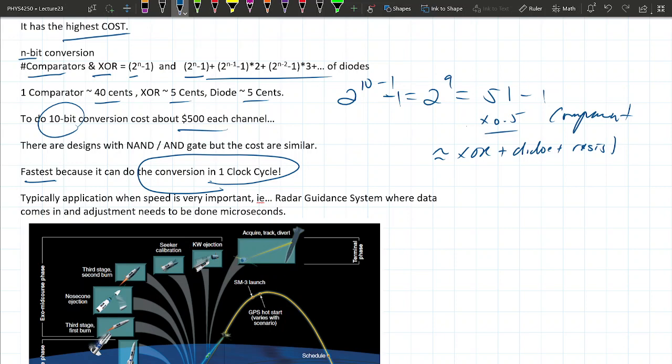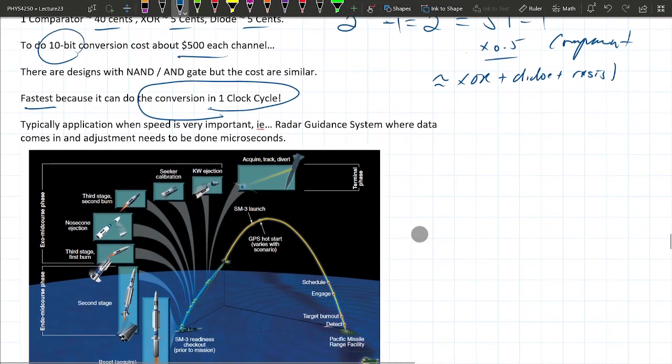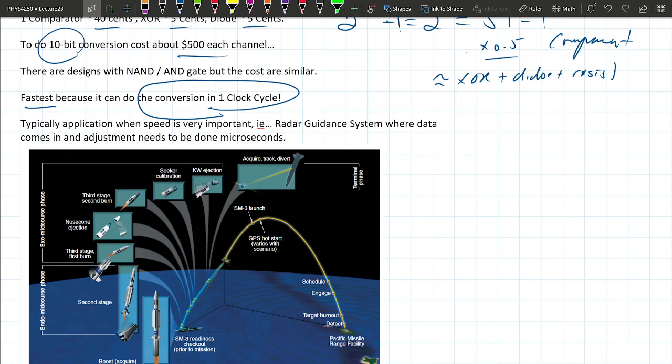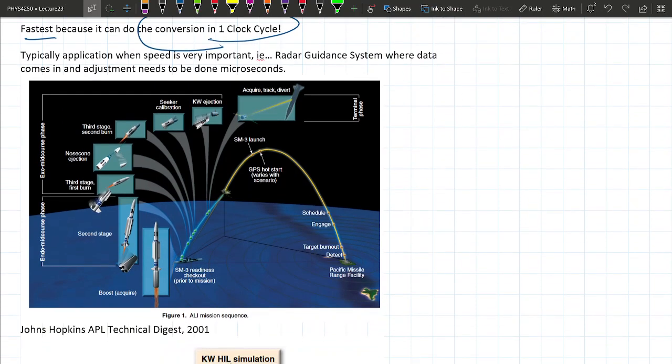In fact, applications for this, for example, if you're designing, this was declassified, I think, in 2001, an anti-ballistic missile, okay? So if you had something that's being launched against you and you want to shoot it down in the air, right?